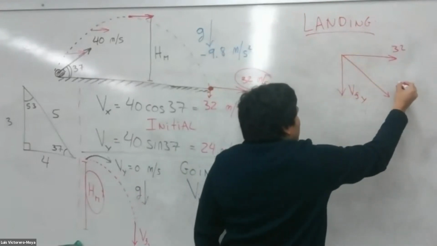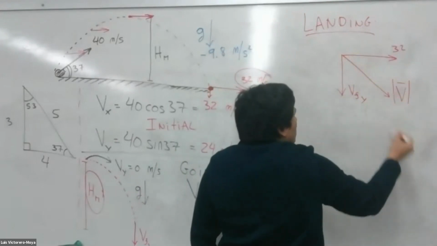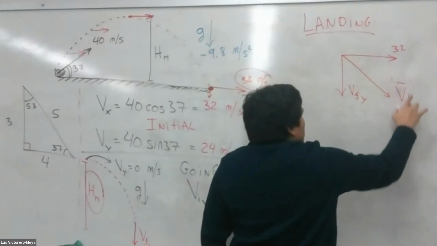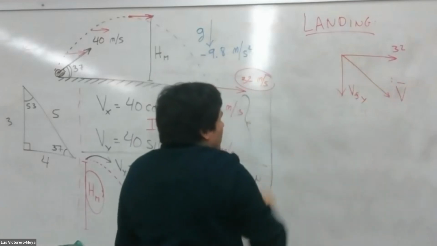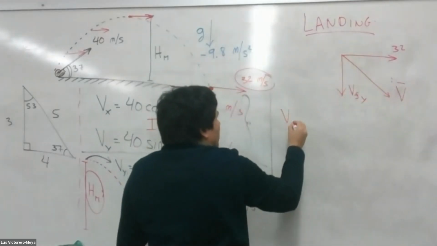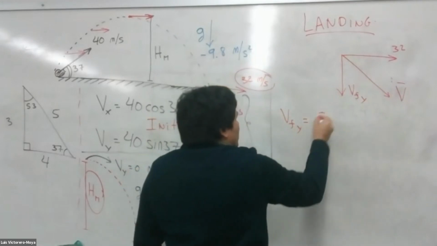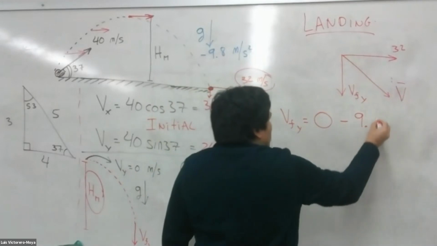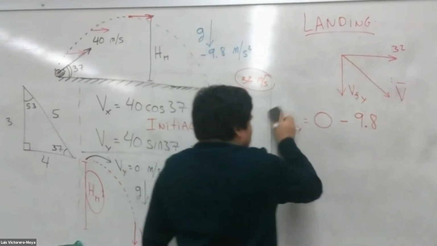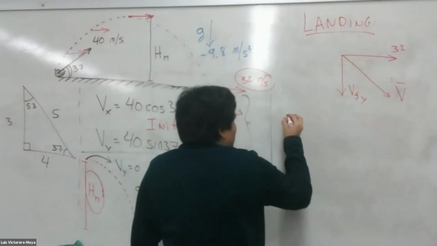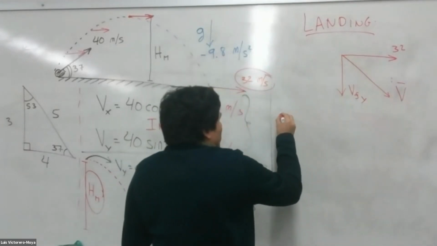That's the V. When it lands, like that. So how do we find this? Well, V final on Y is equal to V initial on Y minus, sorry, you cannot use this equation, you don't have time. Well, you do have, but let's use the maximum height.